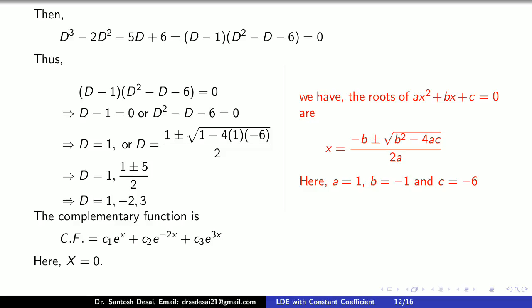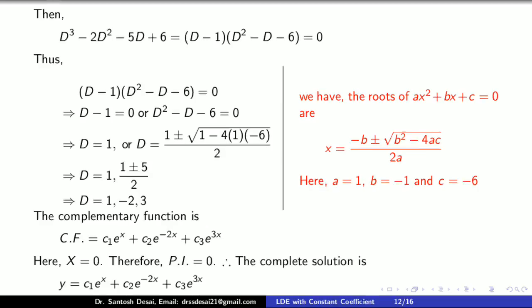Now again here the right-hand side X is equal to 0, so therefore PI is equal to 0. And in this case the complete solution is y is equal to c1 e raised to x plus c2 e raised to minus 2x plus c3 e raised to 3x.